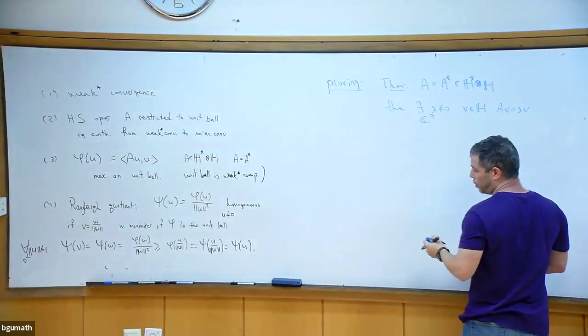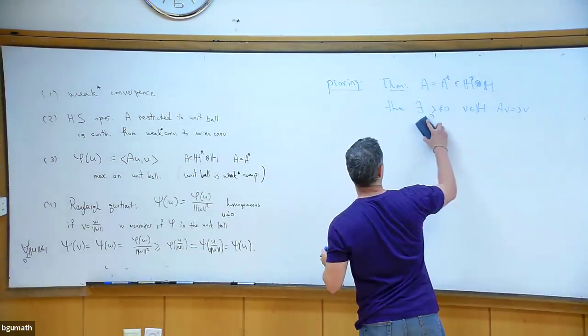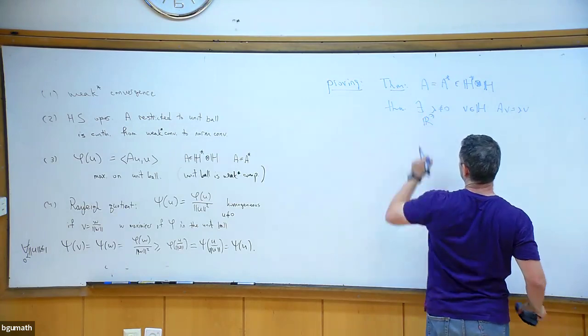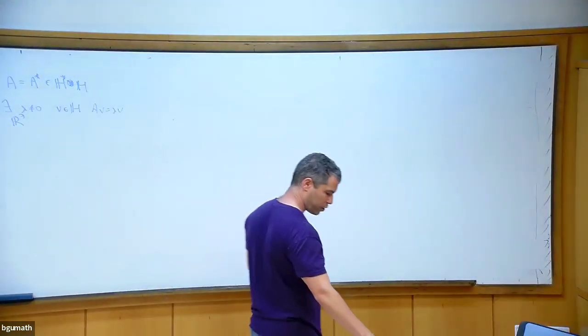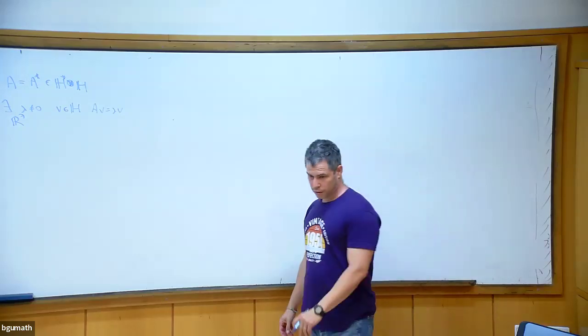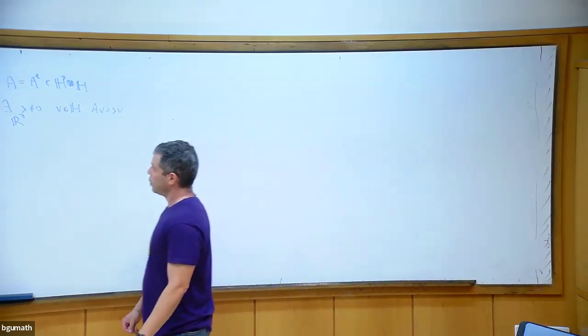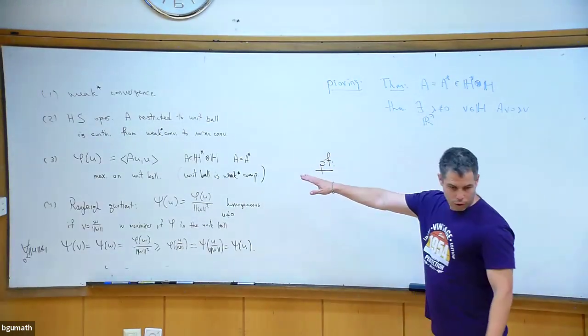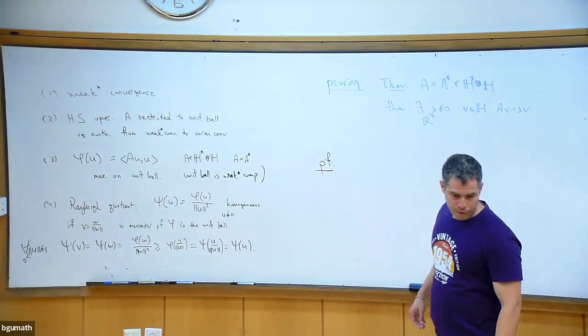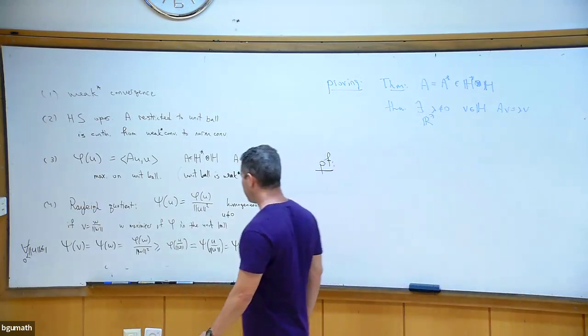And in fact, lambda will be real because of self-adjointness. So this is what we're proving. And so let's go into the proof using all of the machinery we developed so far.